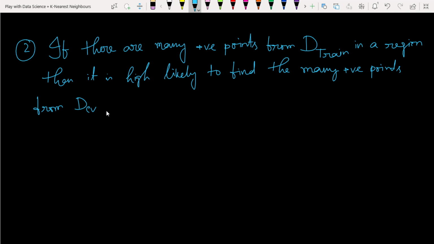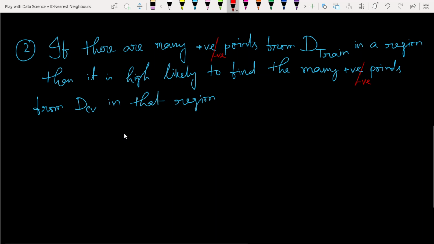In the same region. This works for positive as well as for negative, not only for positive. Let's see this pictorially.